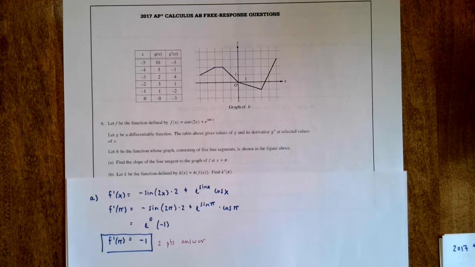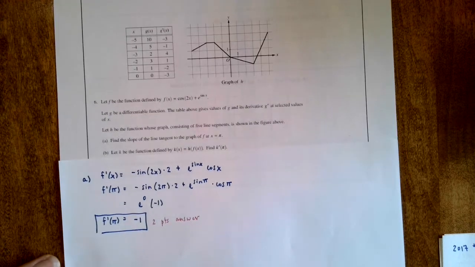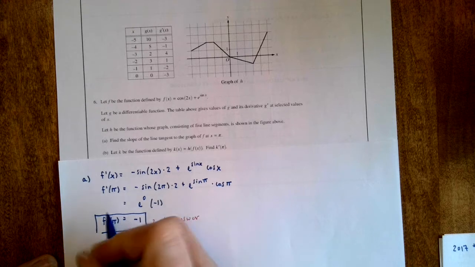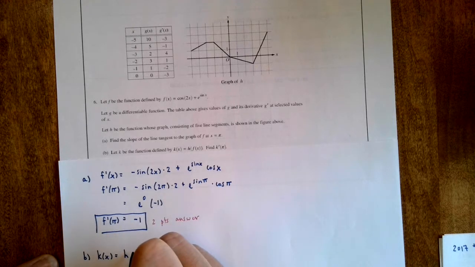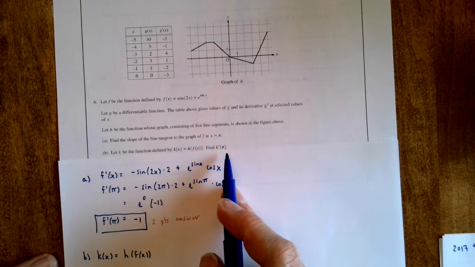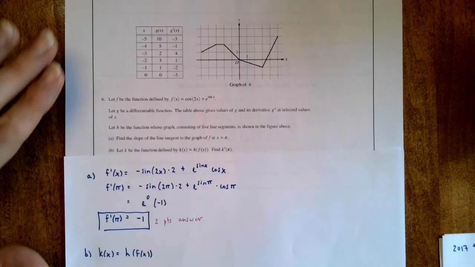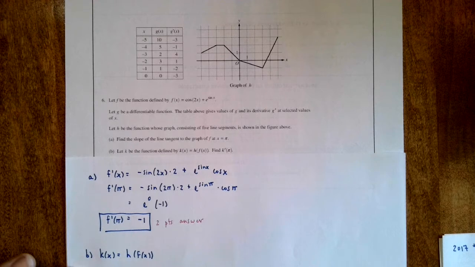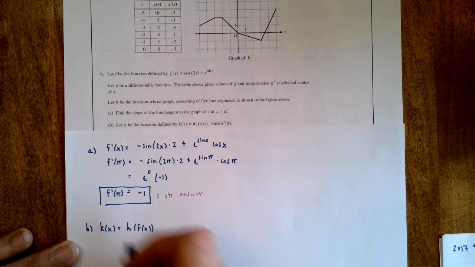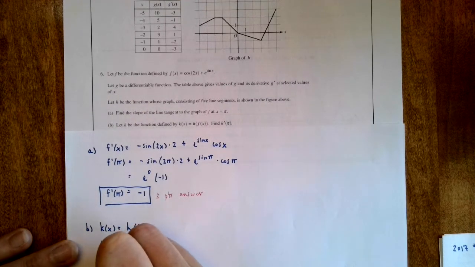For part B, it says let k be the function defined by k of x equals h of f of x, and they're asking us to find k prime of pi. So I'm going to find k prime. Here I have a composition of functions, so this is going to require the chain rule.